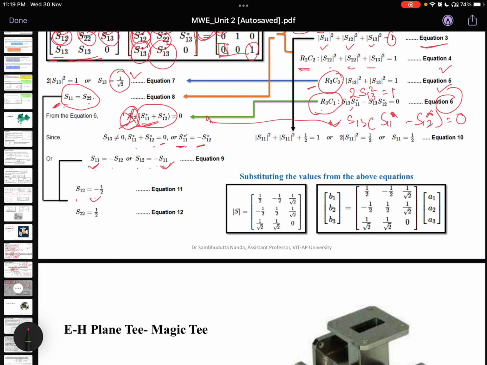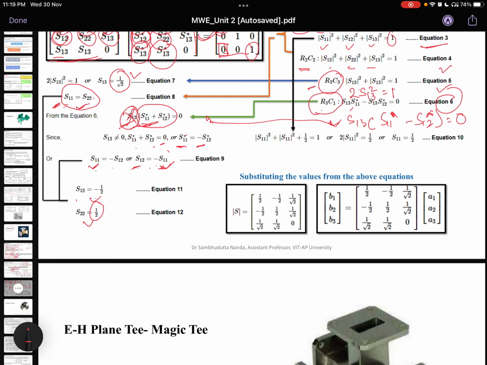So that is coming from here. Now the S22 value will also be 1 by 2, because S12 equals minus S11 and that equals S22. So see here, S12 value is minus 1 by 2, and from here it is equal to minus S11, so that equals 1 by 2.